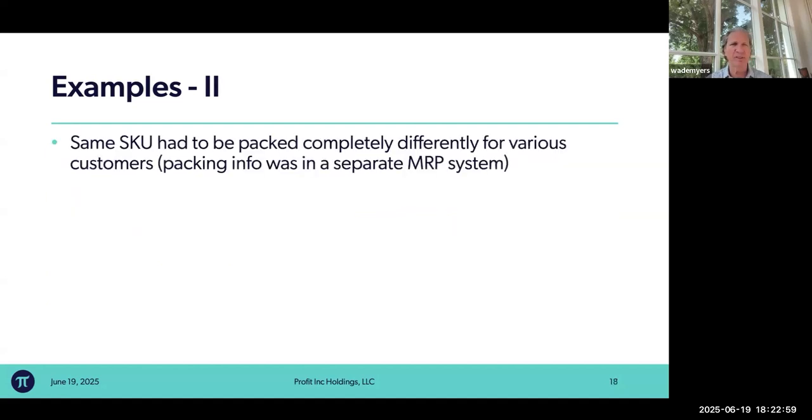Some more examples: in some cases they had exactly the same SKU, but different packing requirements based on different retailers. And this is where sales would unwittingly just say, oh, sure, we can pack that 12 per box, or for another customer, yeah, we can do 24 per box, et cetera. So the same exact SKU had all these different packaging configurations, basically customization on top of their core standard product for various customers.